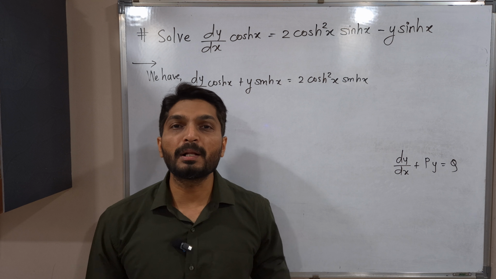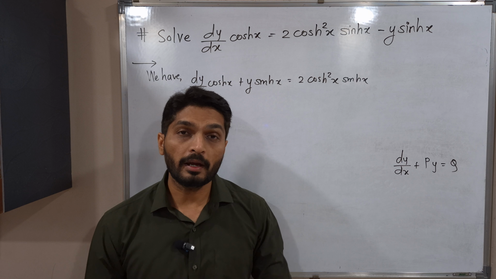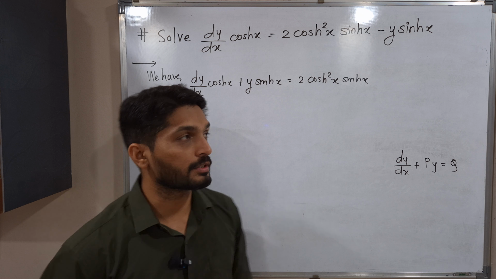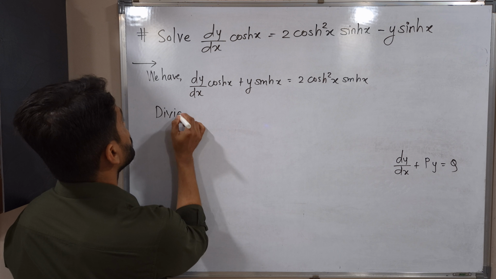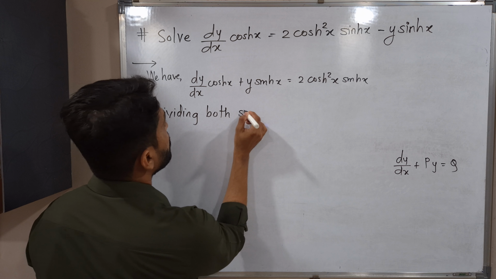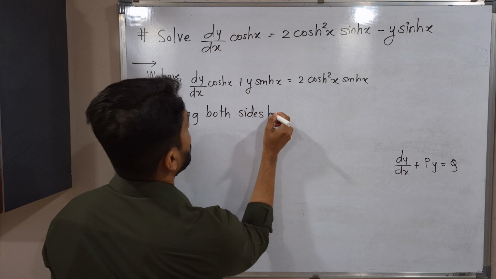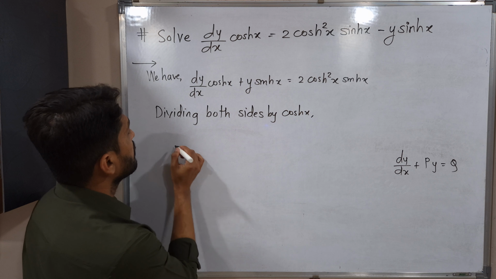The very simple method to remove this hyperbolic cos x is to divide the entire equation by hyperbolic cos x. So dividing both sides by hyperbolic cos x, let us see what will happen.